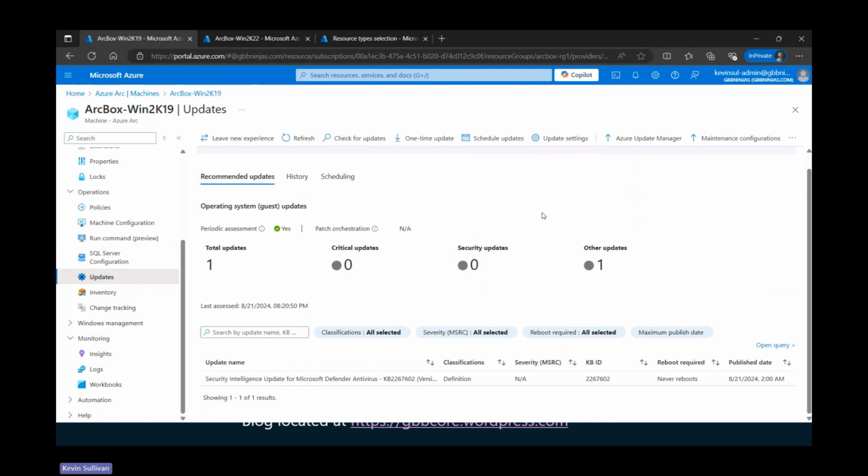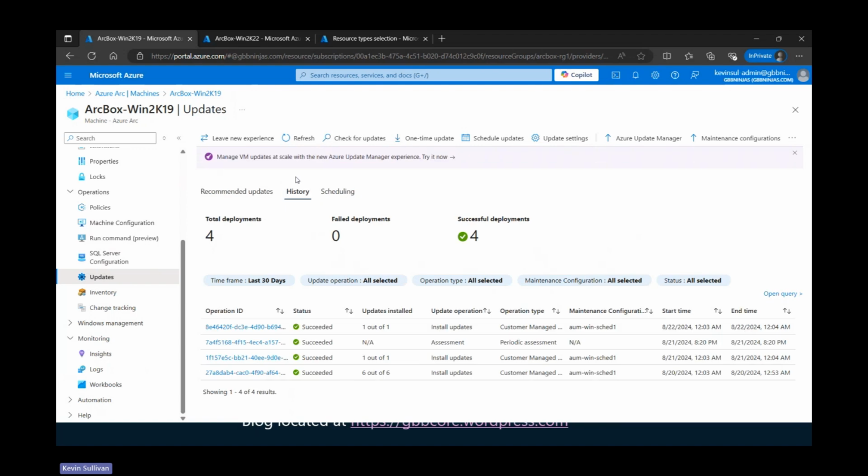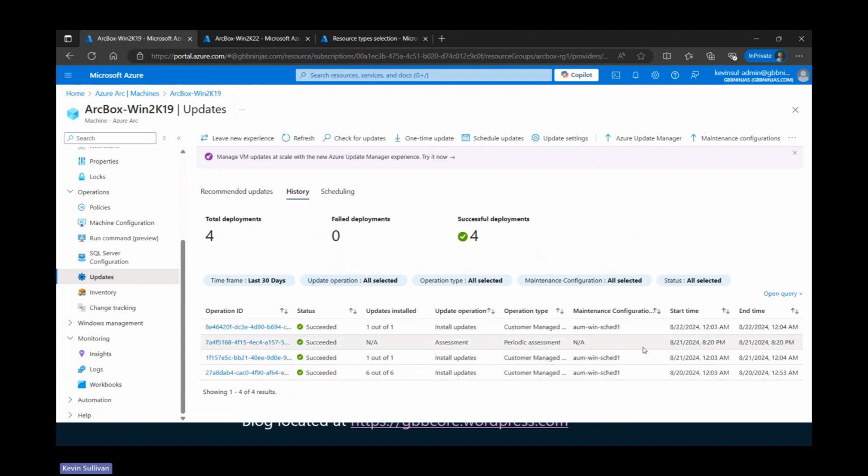In this case, I've picked one that is missing the latest intelligence update from the last scan that it did. What's interesting is I can set a schedule. In this case, it looks like every night at midnight I do a scan, and if I need updates, I will install them and reboot as necessary.